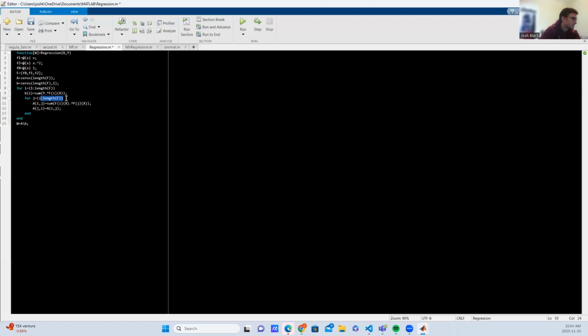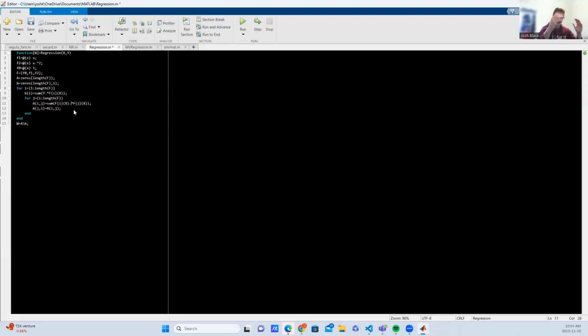What's very important is you notice every time I'm multiplying something, I'm using this little dot operator. It's important because we want to do index-wise multiplication. If we don't add this dot, then MATLAB is going to think we want to multiply matrices, which is incorrect. We want to just do vector or index-wise multiplication, so index 1 multiplied by index 1, 2 by 2, and so on as we go down those vectors.